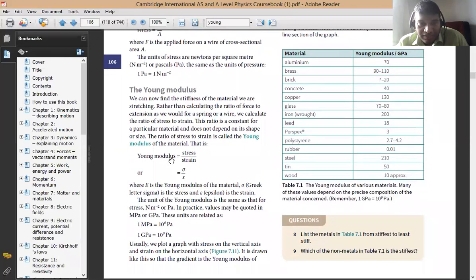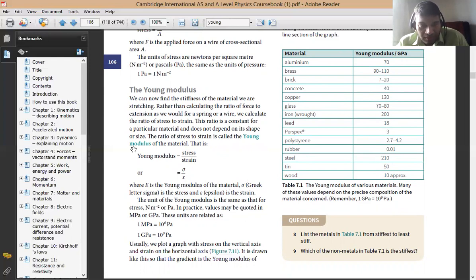Again, Young modulus is equal to stress over strain, sigma over epsilon. Stress is measured in sigma, and strain is measured in epsilon.